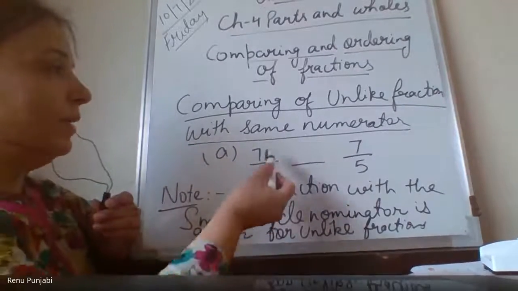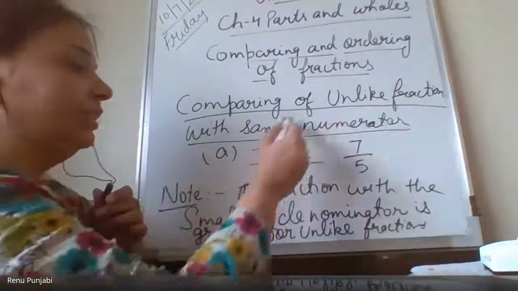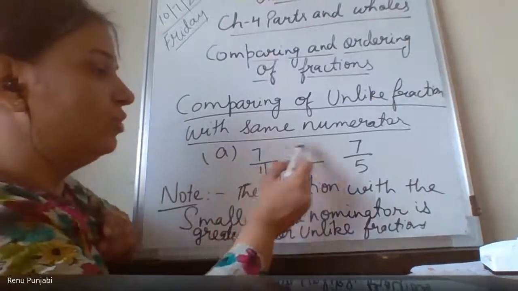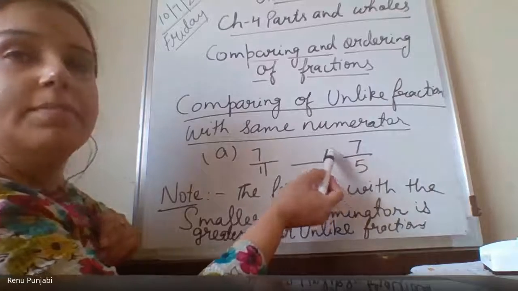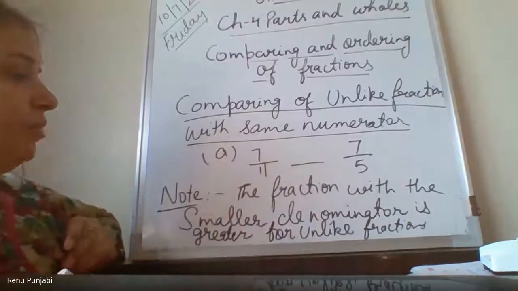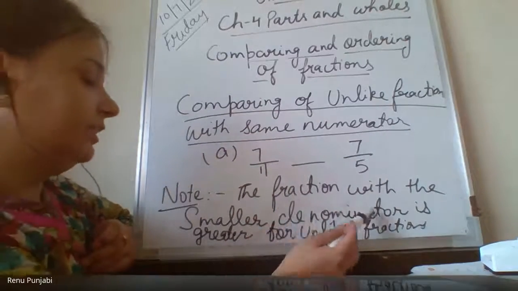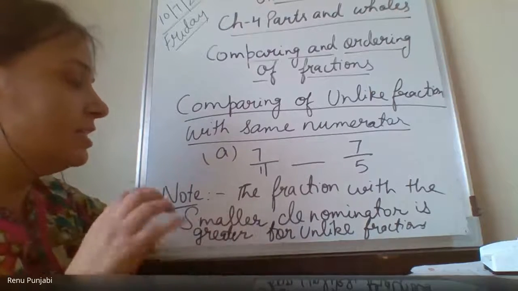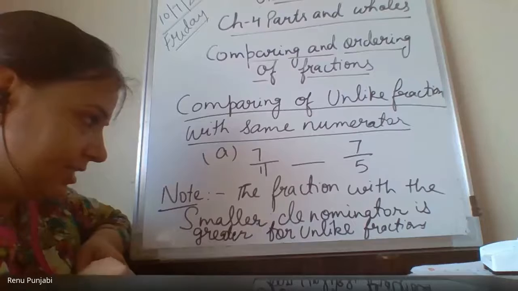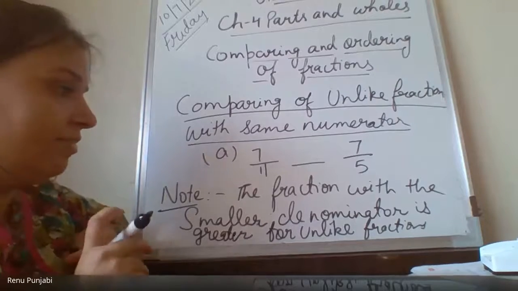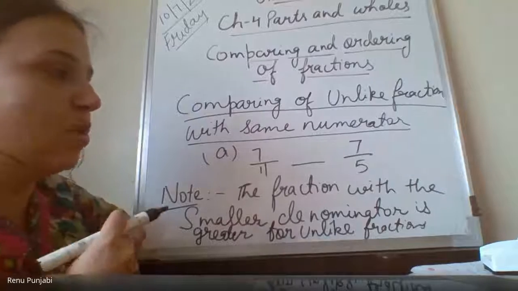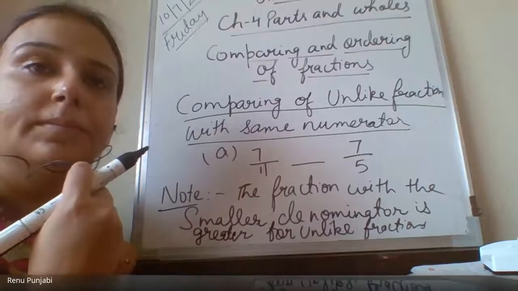So as I explained, unlike fractions with the same numerator. This is the situation when the numerators are same. In this situation, the fraction with the smaller denominator is greater. Arna will tell me, which fraction is having the smaller denominator?